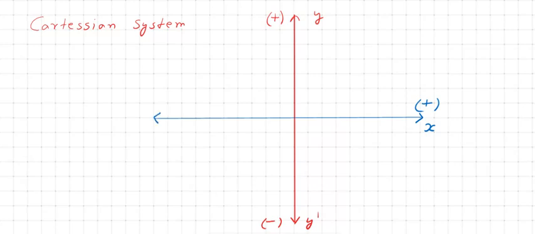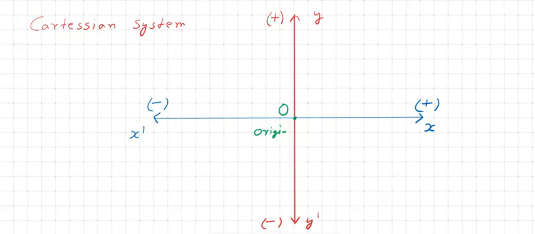The x-axis is negative in the left direction, and it is generally represented as x dash. And beta, you can see that there is a point of intersection of the two axes in the middle. I am pointing it with green color. This point is called the origin, and it is generally represented by O.